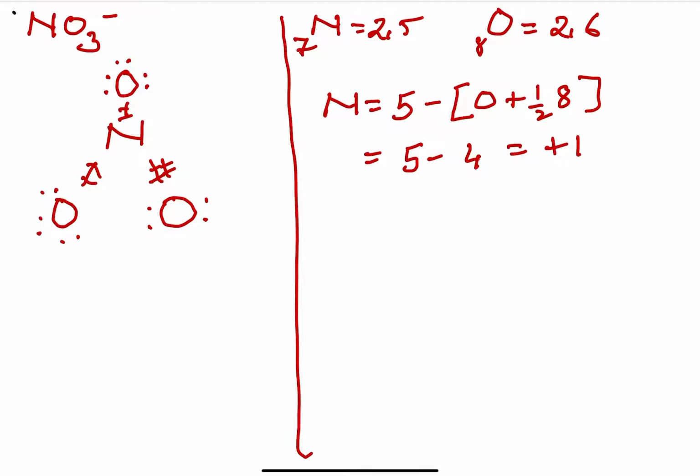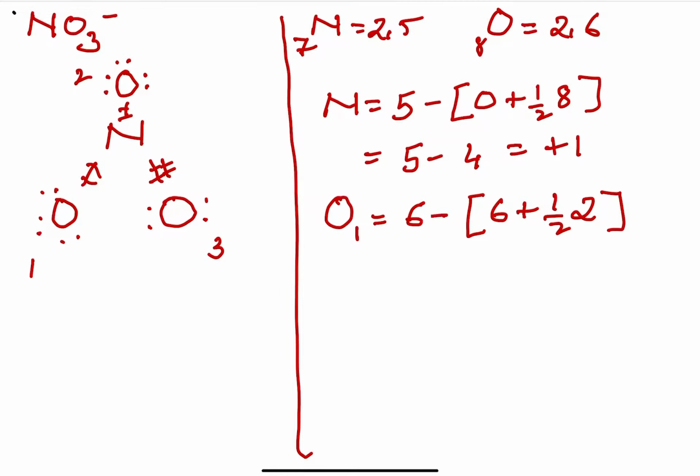So nitrogen has a formal charge of +1. Now let's move on to the oxygen. Let's number them because we have 3 oxygens: number 1, number 2, and number 3. Numbers 1 and 2 have single bonds. Let's take number 1. The number of valence electrons is 6 minus, open a bracket, electrons in lone pair, 1, 2, 3, 4, 5, 6. 6 electrons, plus half the number of bonded or shared electrons, 2.